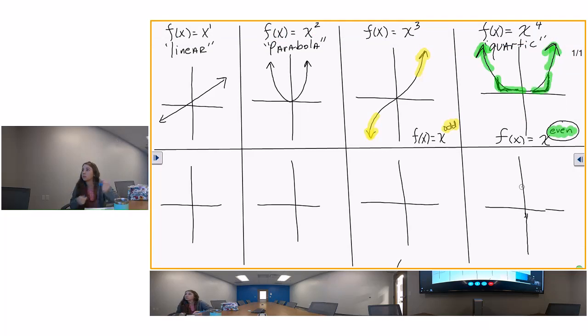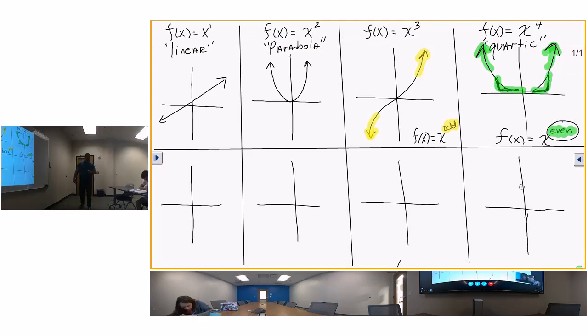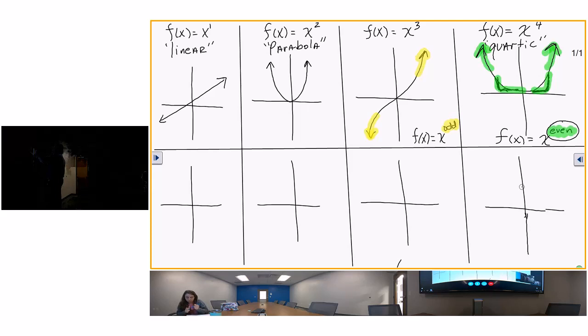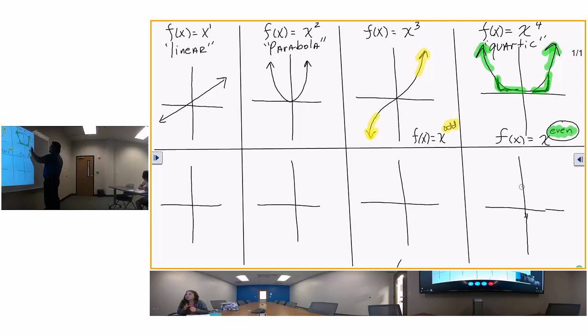So with an odd function, you're going to have the ending behavior in opposite directions. With an even function, you're going to go in the same direction, but the only effect is the higher the exponent, the more squared off the parabola is going to be.